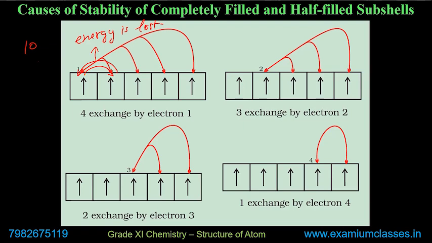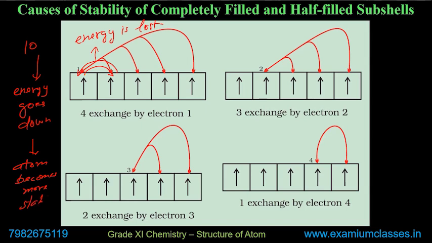So if energy goes down due to these transitions, the atom becomes more stable. And when can it happen? It can happen when all orbitals are singly occupied. It cannot happen if orbitals are doubly occupied because there is no free space.